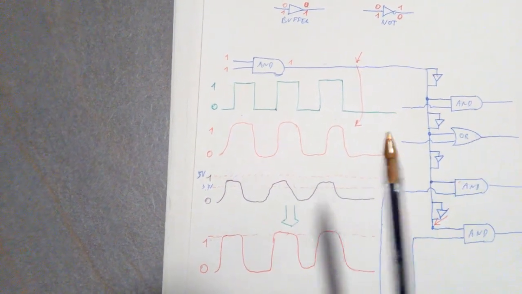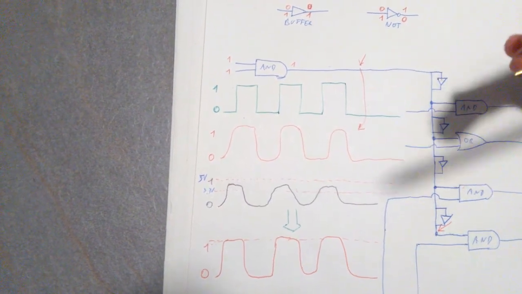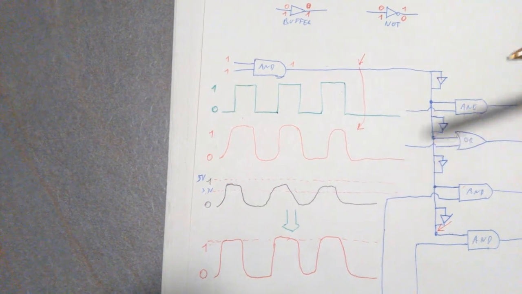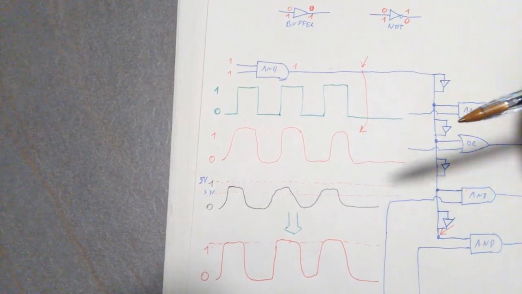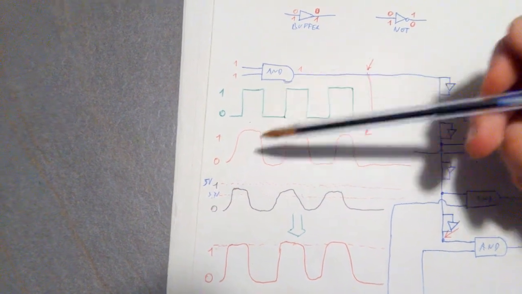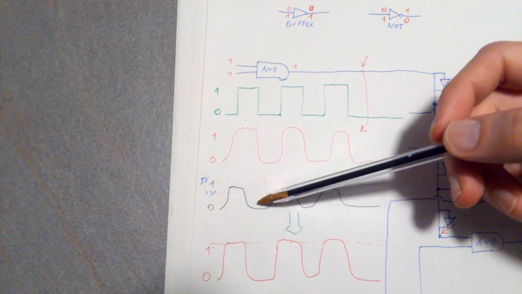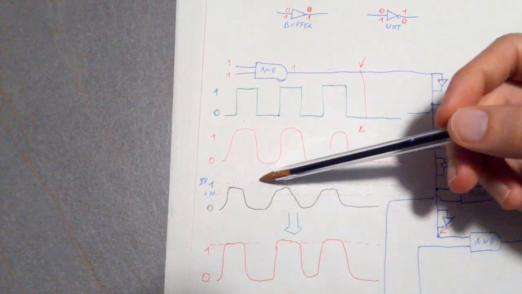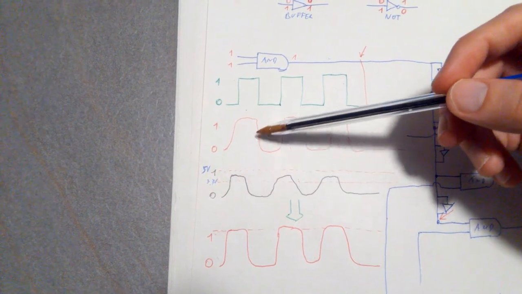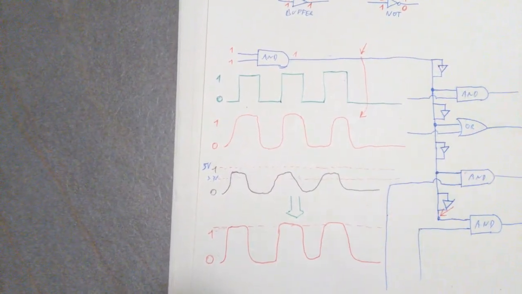It has a certain threshold, and it is basically trying to recreate what it's supposed to recreate in the best possible way. So we start with, well, not this, but this. And even if it's degraded, the buffer tries to get this one back. So it tries to recreate this.